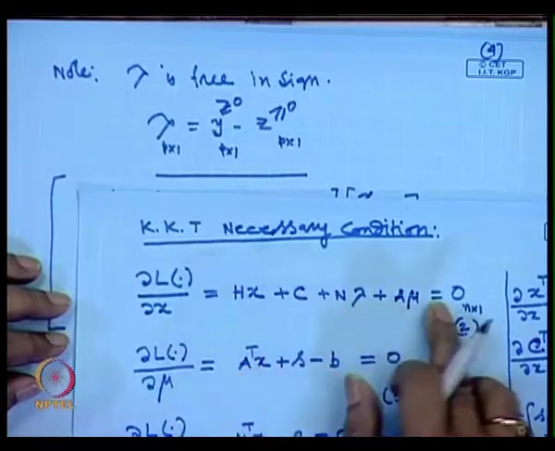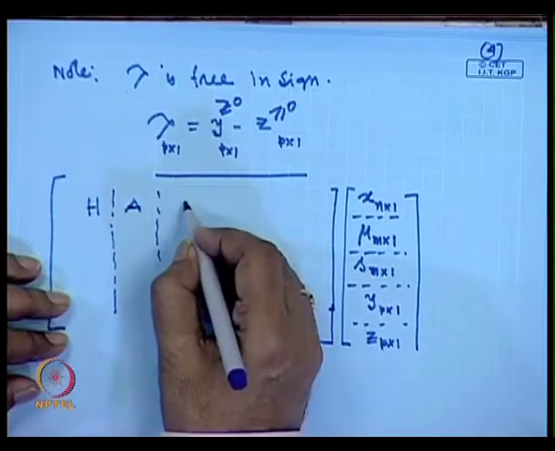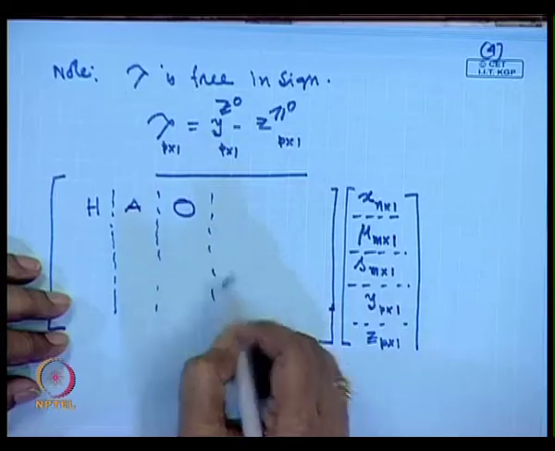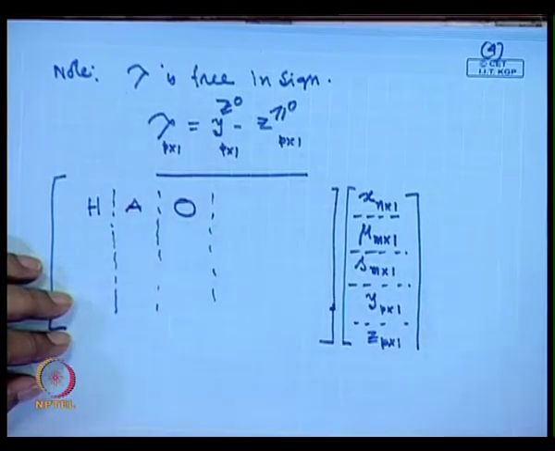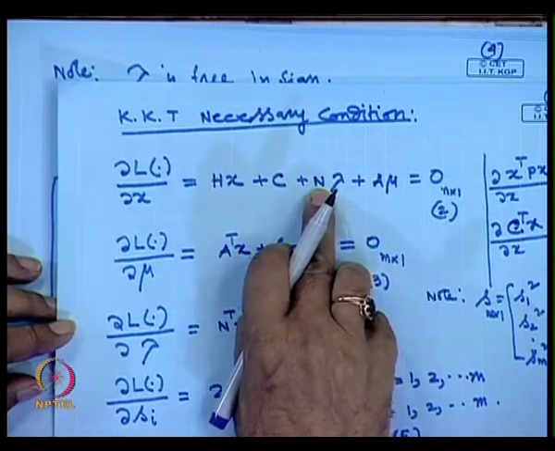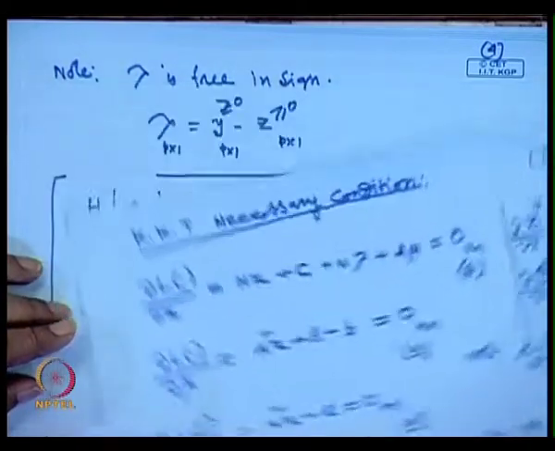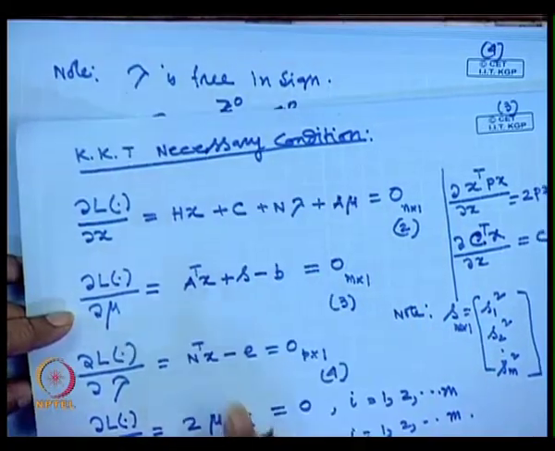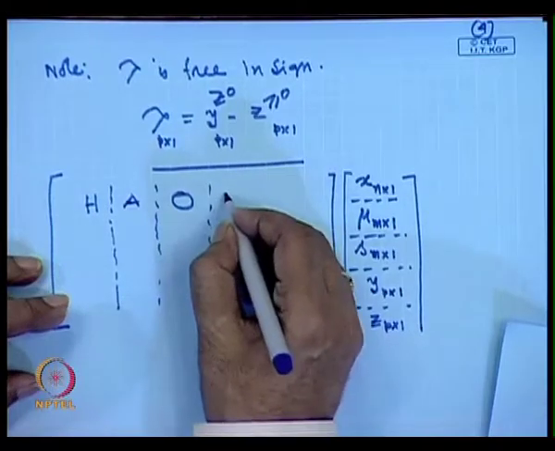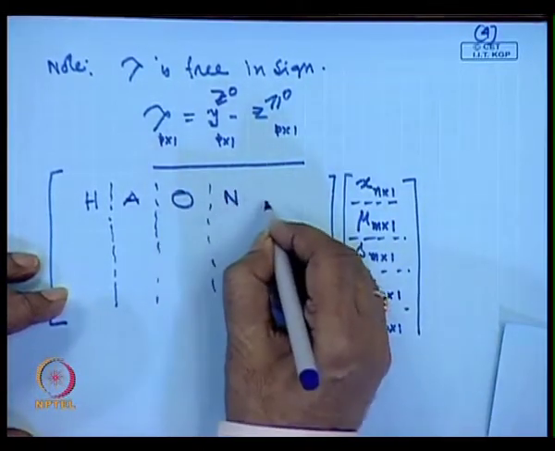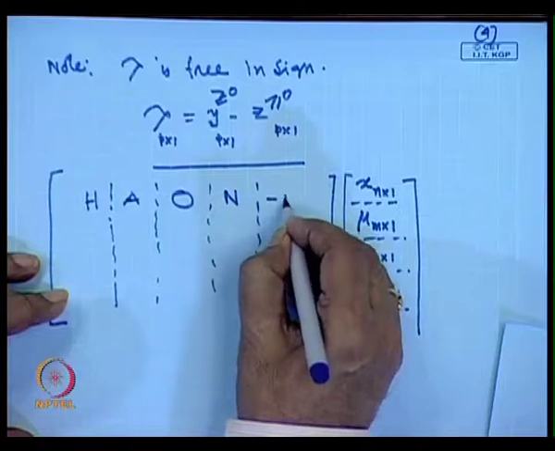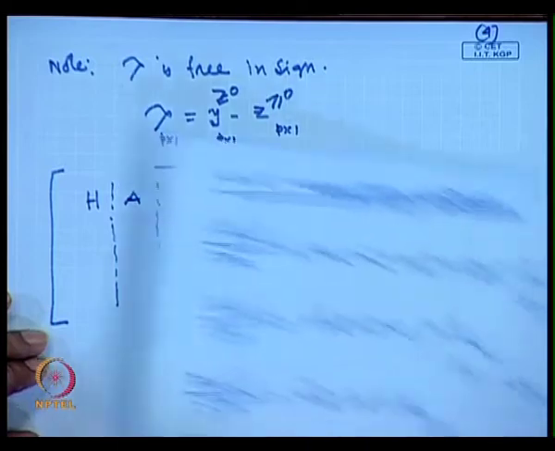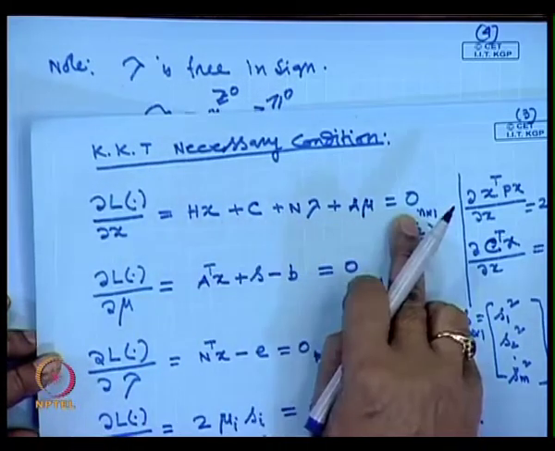So, there is no S here, so I will write the value of S here as 0, and lambda is n into y minus z. So, y is involved with n, z will be involved with minus n. So, I will write n, then partition, minus n. So, let us write the dimension of this one, and how many equations will we get from the first equation number 2?